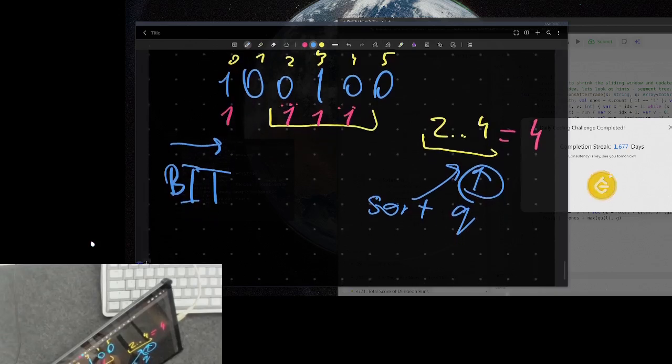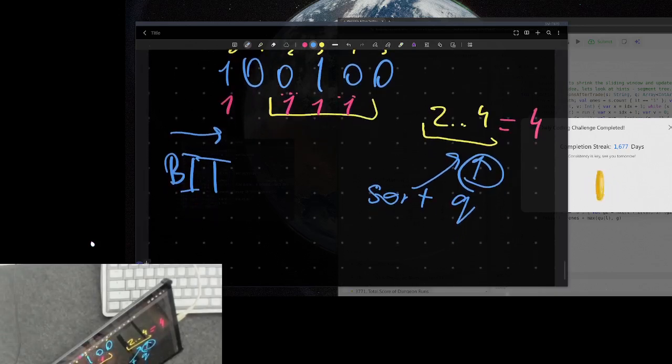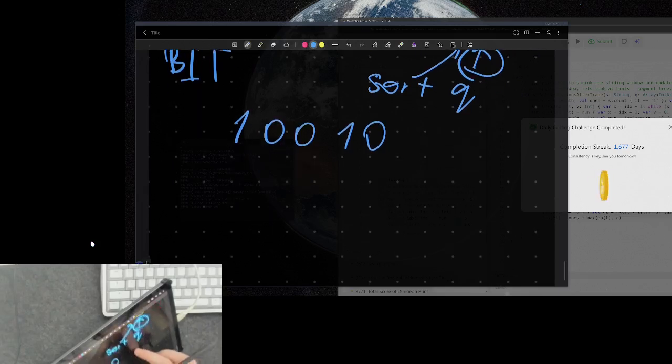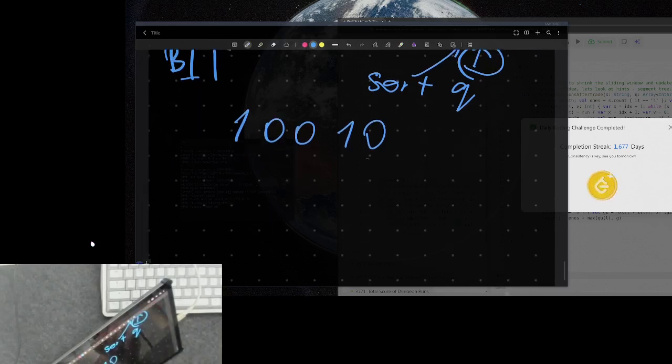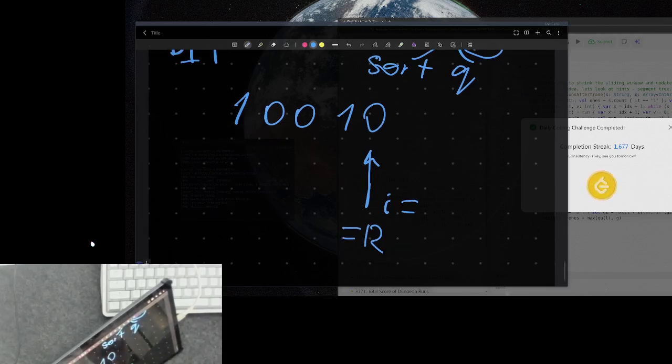For each position, we consider the queries at most at the current position. So for example, this is I, the current position, and we calculate all the queries that have the same right border. Okay, this is one step.